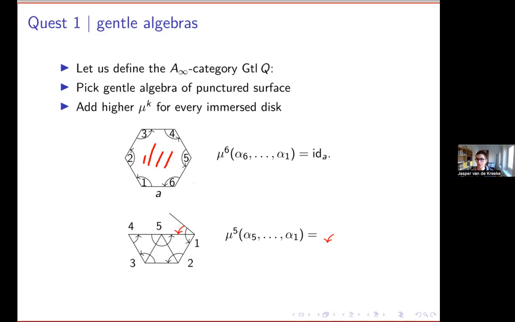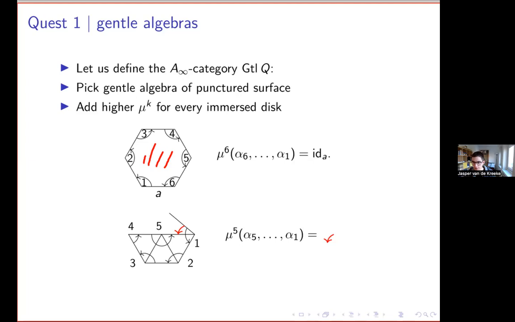The mu6 of this sequence is simply the identity of the arc A where you started. And as I said, you can also stitch together multiple polygons. For instance, this sequence here has a mu5, and the first angle, or the last angle, is allowed to come from or leave to the outside of the immersed disk.